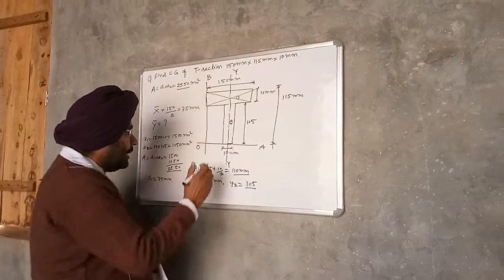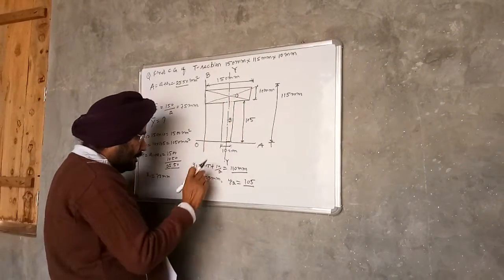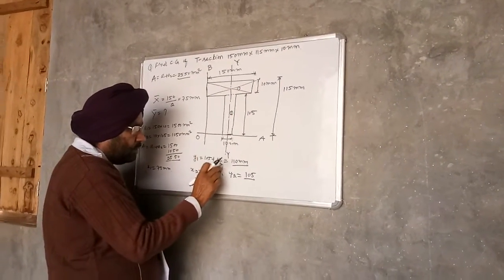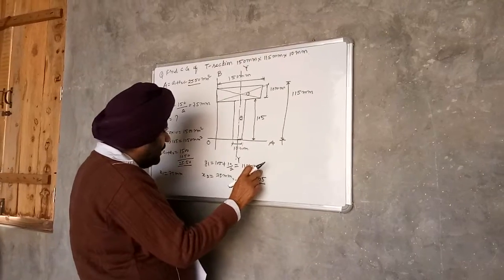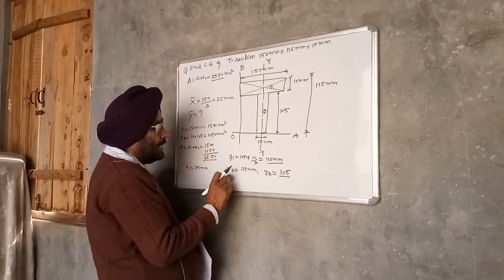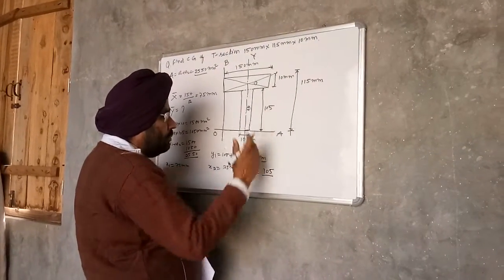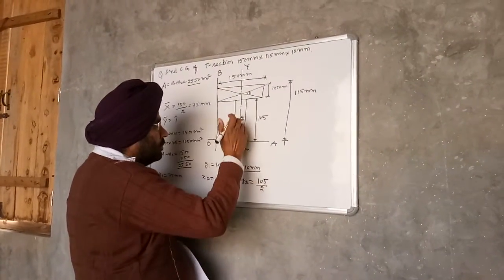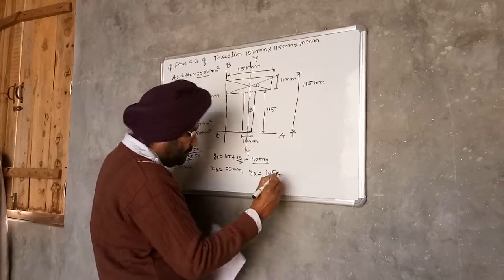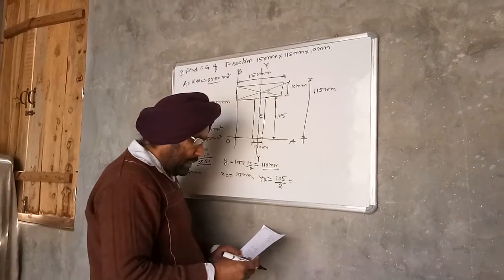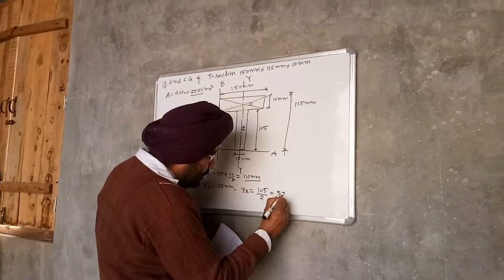So y1 is 105 plus 10 upon 2, 110 millimeter, and x2 is 75 millimeter, and y2 is 105 upon 2, which is 52.5 millimeter.